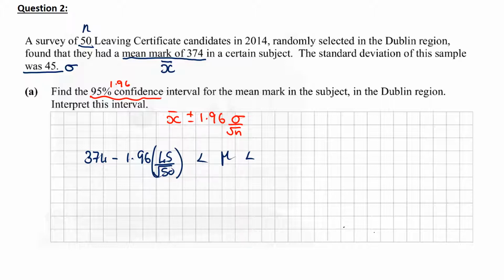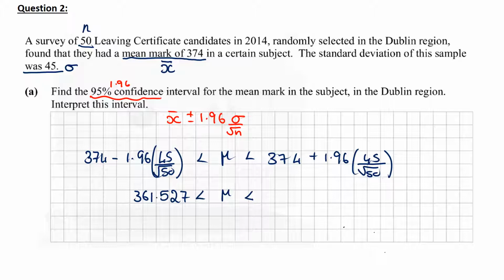It's between that and 374 plus 1.96, 45 over root 50. So when we work those out, we get 361.527 and 386.473. So that is our confidence interval.